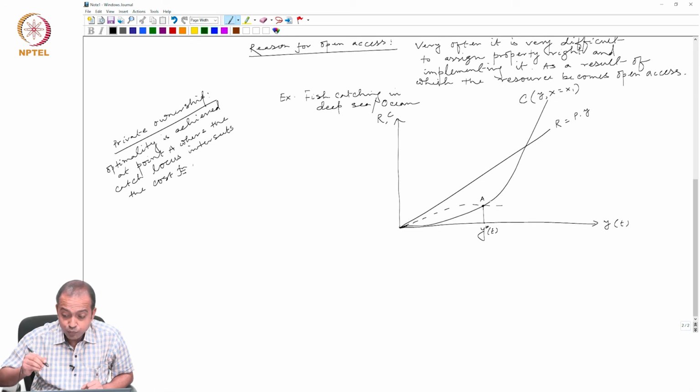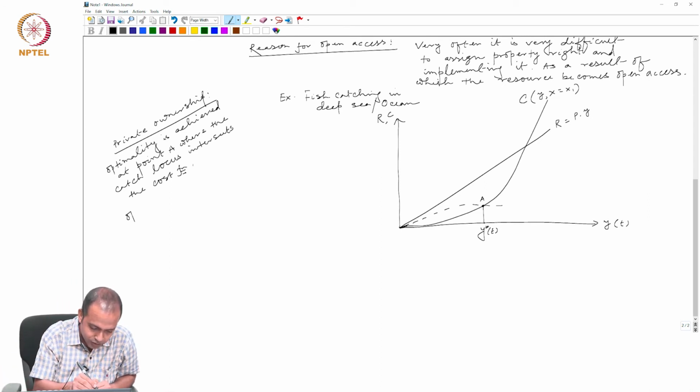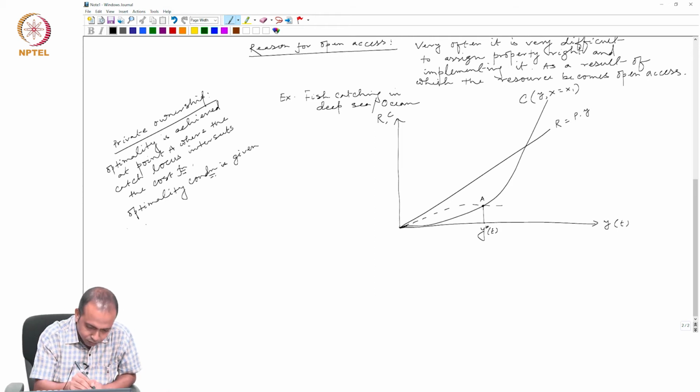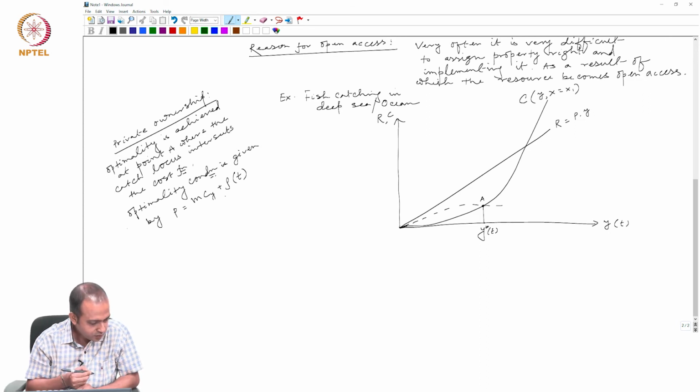Now, in case of private ownership, the optimality condition is given by P equals MC, marginal cost of extraction, plus rho t, where rho t is the shadow price.